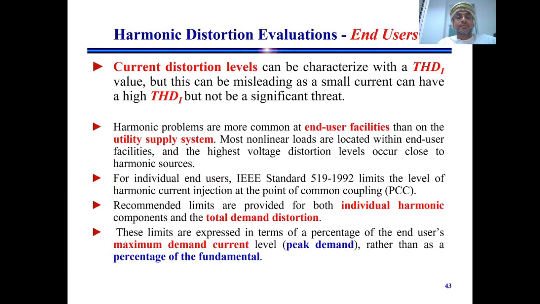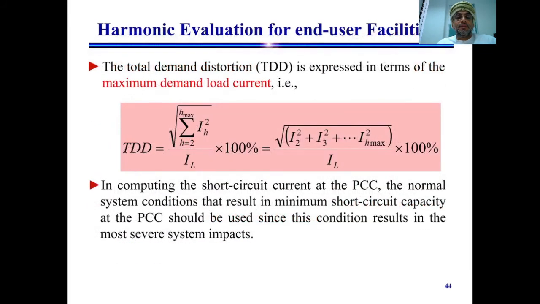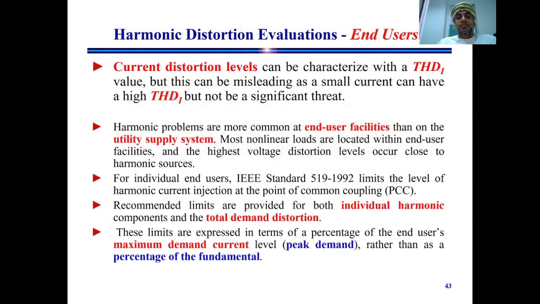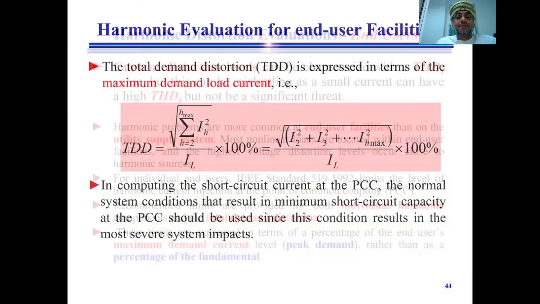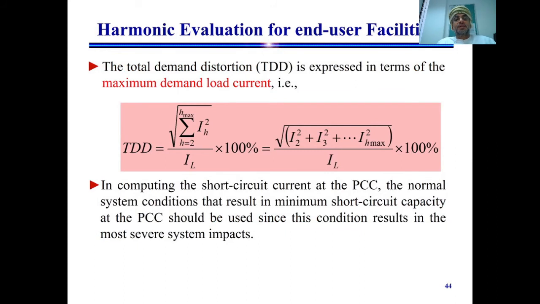The same thing will be done for the current. So we have total harmonic distortion for the voltage, we have total harmonic distortion for the current, and this is the equation that is used to find what we call the total demand distortion.